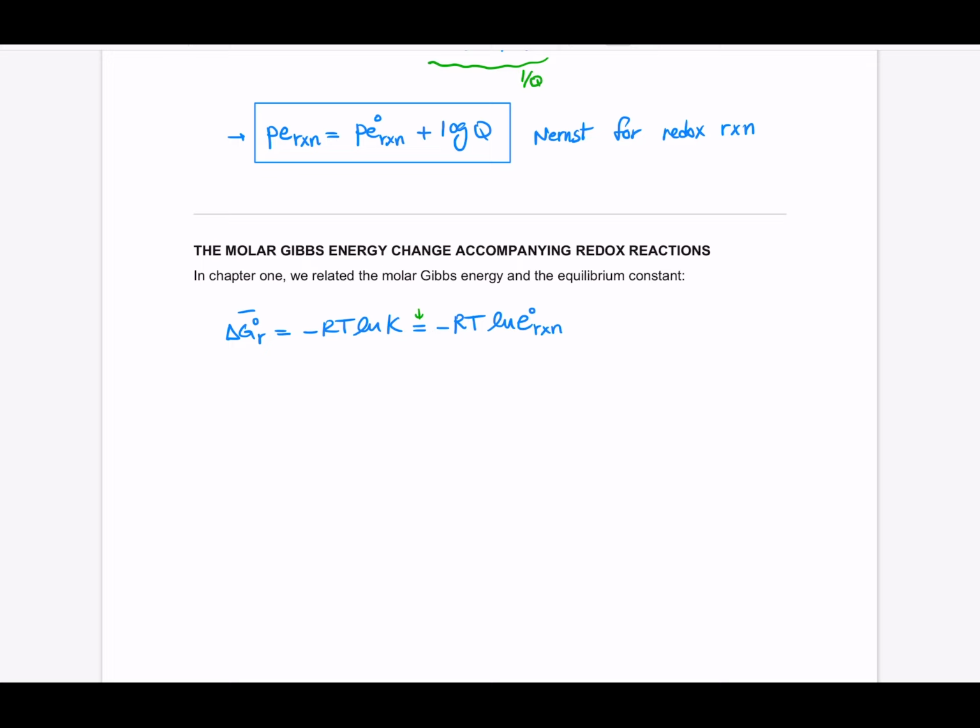So this is basically true for a redox reaction. Or let's make it log, not natural log, then this would be equal to minus 2.303 RT log of E0 of reaction.